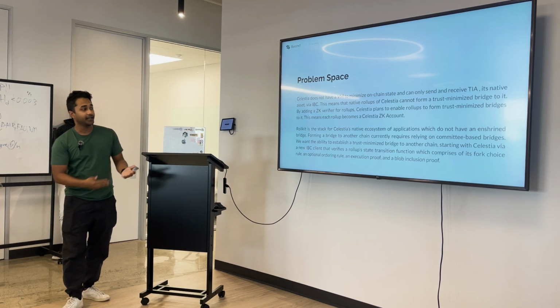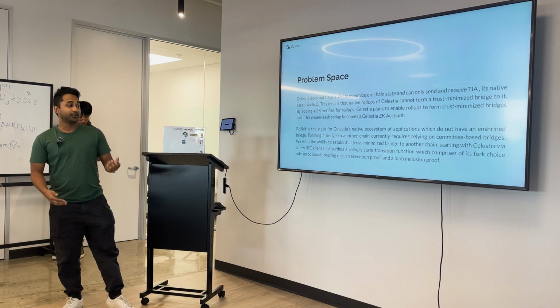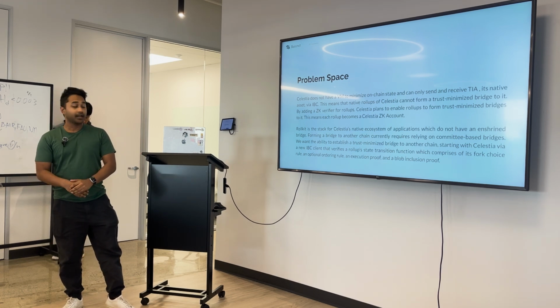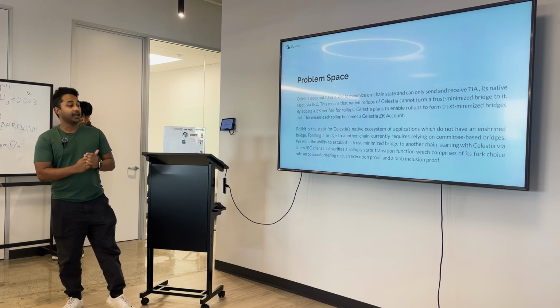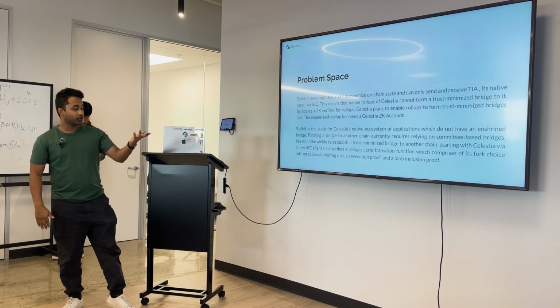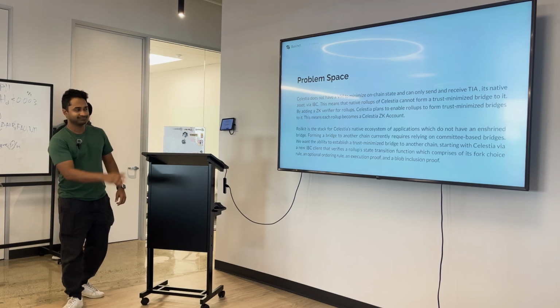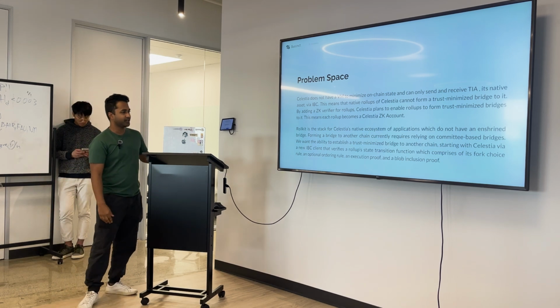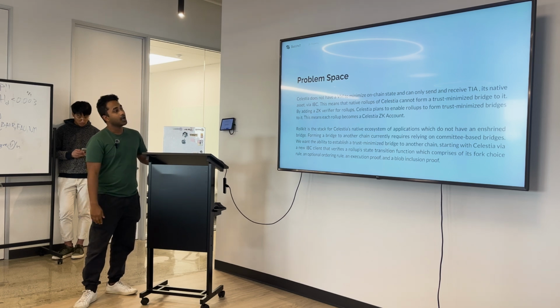So we want the ability to establish a trust minimized bridge to another chain, starting with Celestia, via a new IBC client that verifies the entirety of the state transition of a rollup, which comprises a fork choice rule, an optional ordering rule, and an execution proof, basically a function.